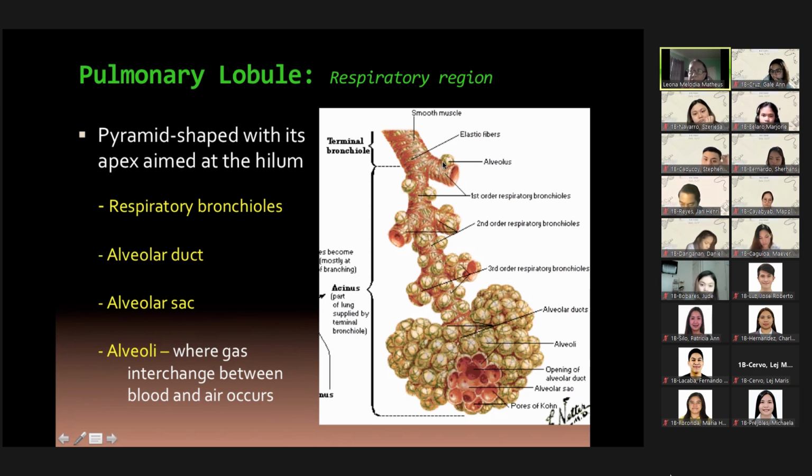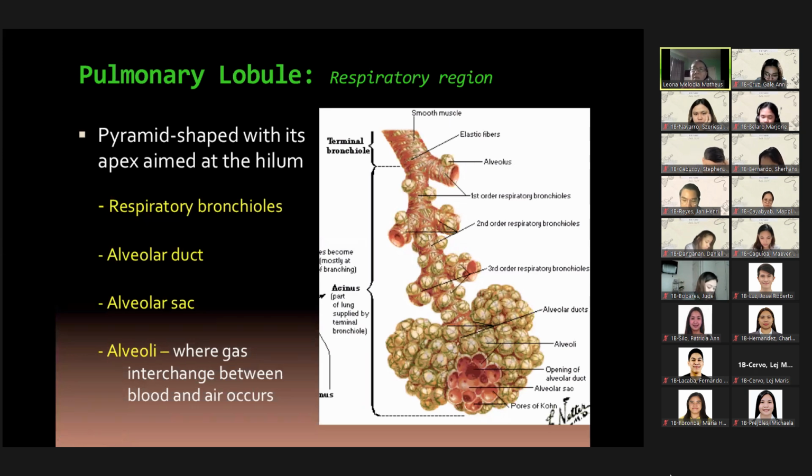Once you see these sac-like structures, these are already part of your pulmonary lobule. All of these parts are your pulmonary lobule. And as you can see here in the picture, we have the terminal bronchiole. And after the terminal bronchiole, the next thing that you will have is this structure, what we call your respiratory bronchiole.